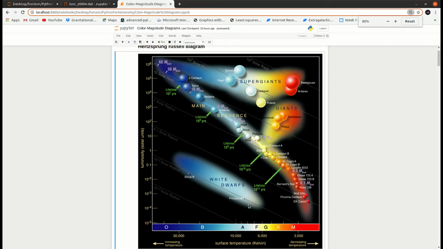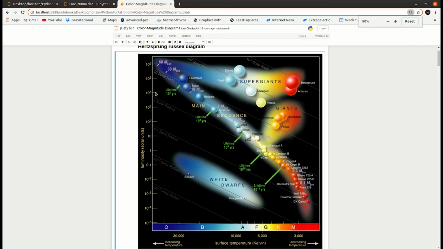Okay, and these are more interesting objects called white dwarfs. White dwarfs essentially are low luminous stars, and their temperatures span a lot of region, but particularly they are really in the hot region. And you can see an interesting property here is that the radius is small.